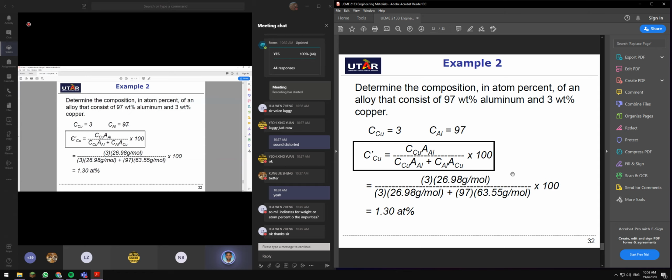So this is the formula. You need to find the atom percentage of the alloy. Let's say you want to find the atom percentage of copper first.